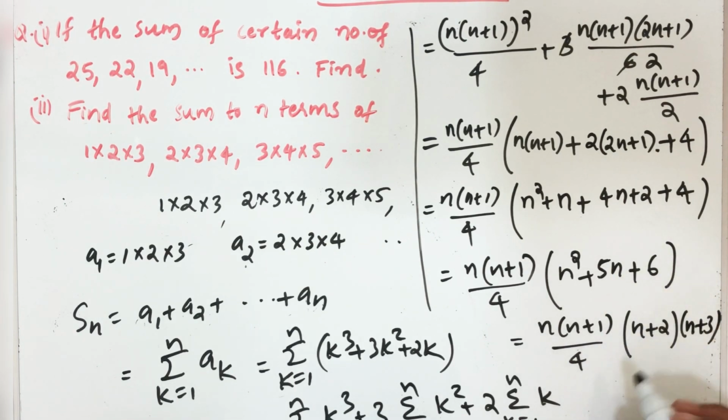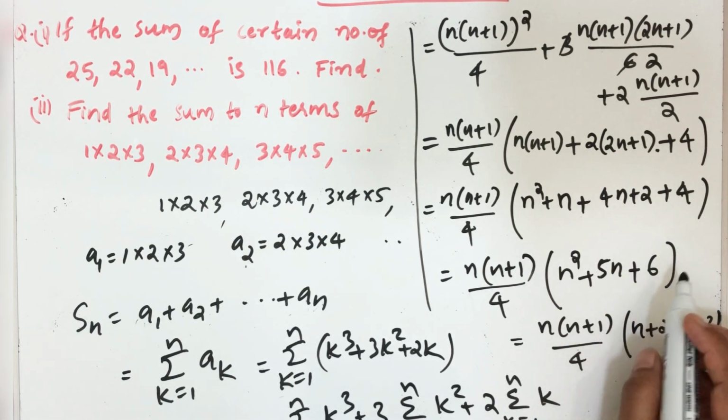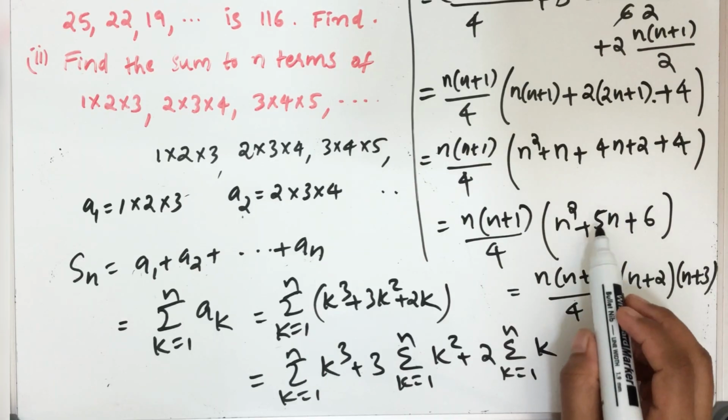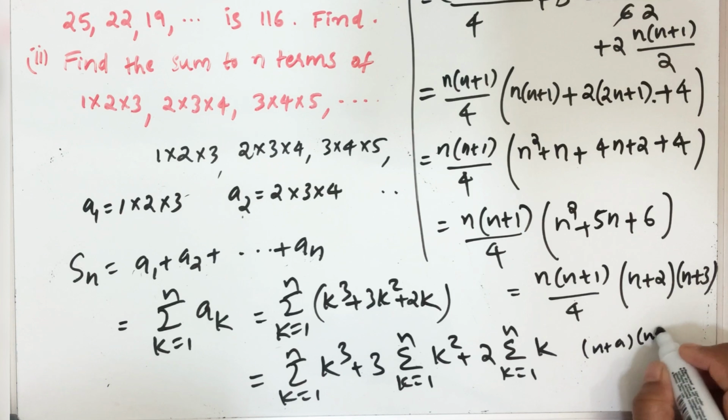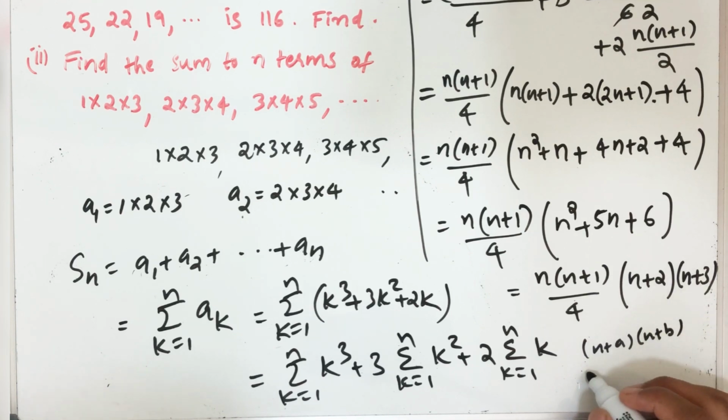How can we say this? I have already explained it. We have to make this in terms of (n plus a) into (n plus b). (n plus a) into (n plus b) is nothing but n square plus an plus bn, that is (a plus b)n, plus a into b.